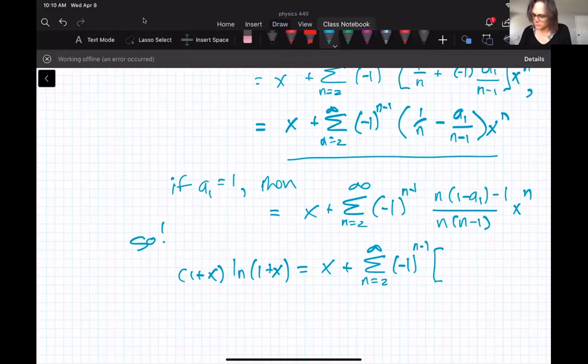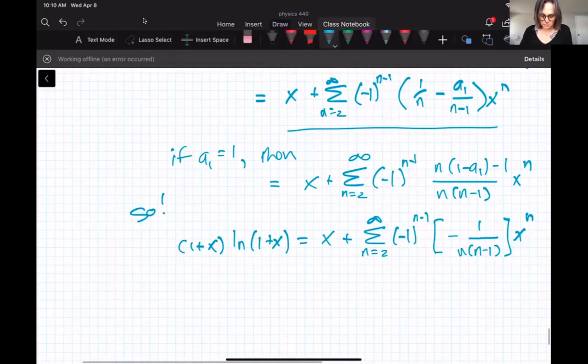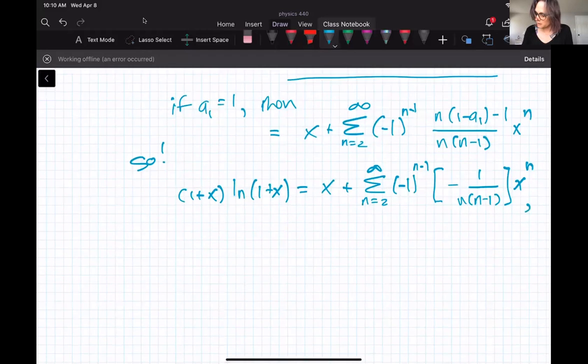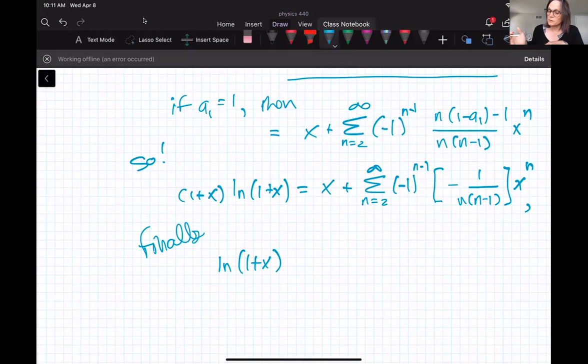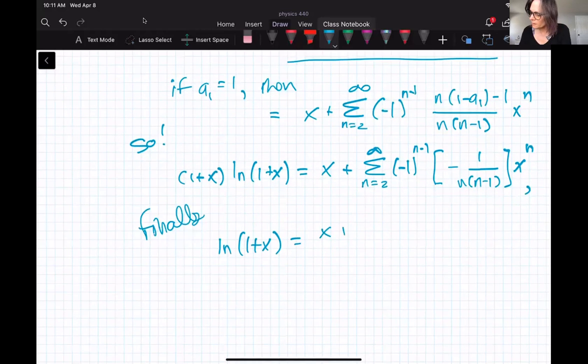Rearrange things a little bit. Minus 1 over n to the n minus 1 times x to the n. And so finally, we can represent this series, instead of a series that converges as n to the minus 1, as all of this times x plus this sum from n equals 2 to infinity.